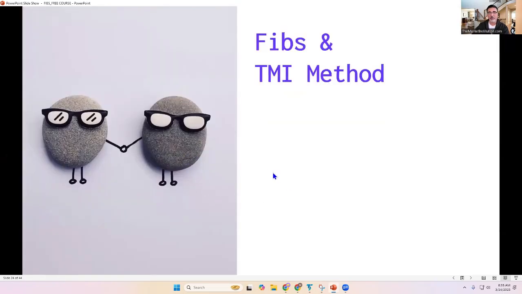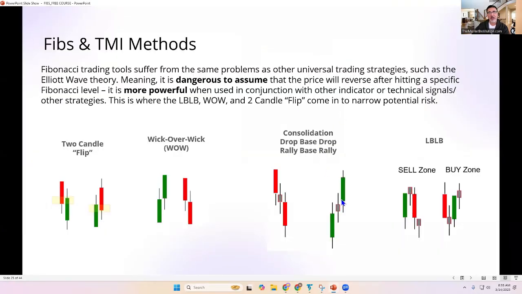So let's blend this a little bit together. Here we have Fibonacci measurements and the TMI method, the market institution. When we're looking at areas, think of the Fibonacci tool as a measuring tape. Now, many of you have used a measuring tape in your life, and it has that little hook on the end.